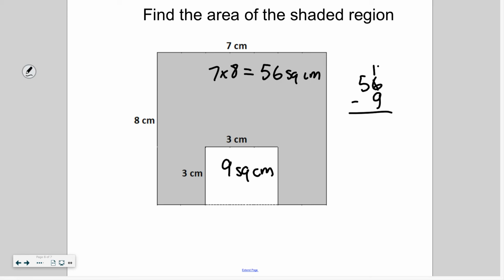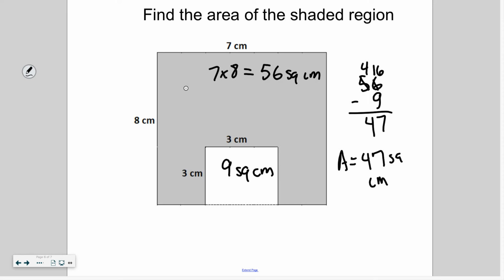Well, I'm going to regroup because I can't do 6 minus 9. That makes 4. Give a 10 to the ones place, right? So I have 16 ones because I took away 1 from the 10. 16 minus 9 is 7, and 4 minus nothing is 4, so 47 square centimeters. So the area is 47 square centimeters.